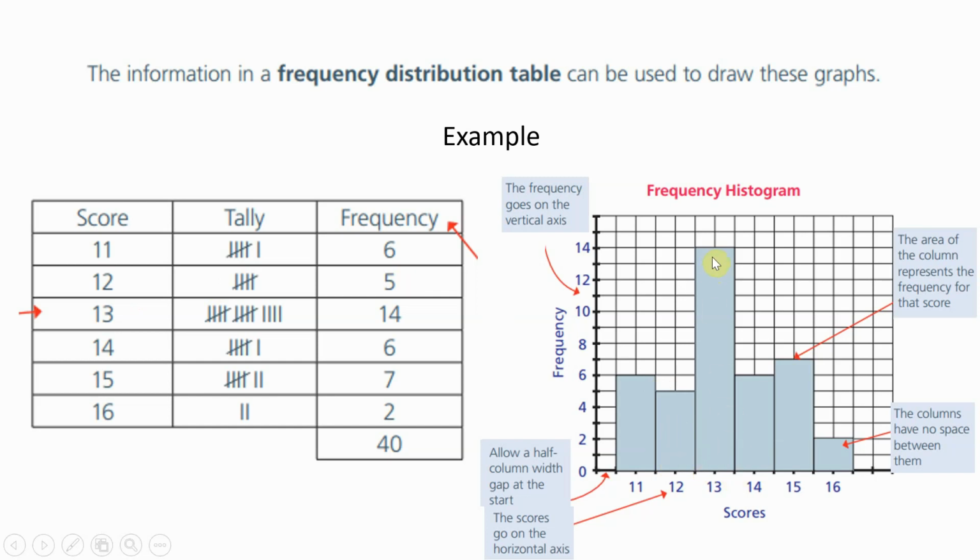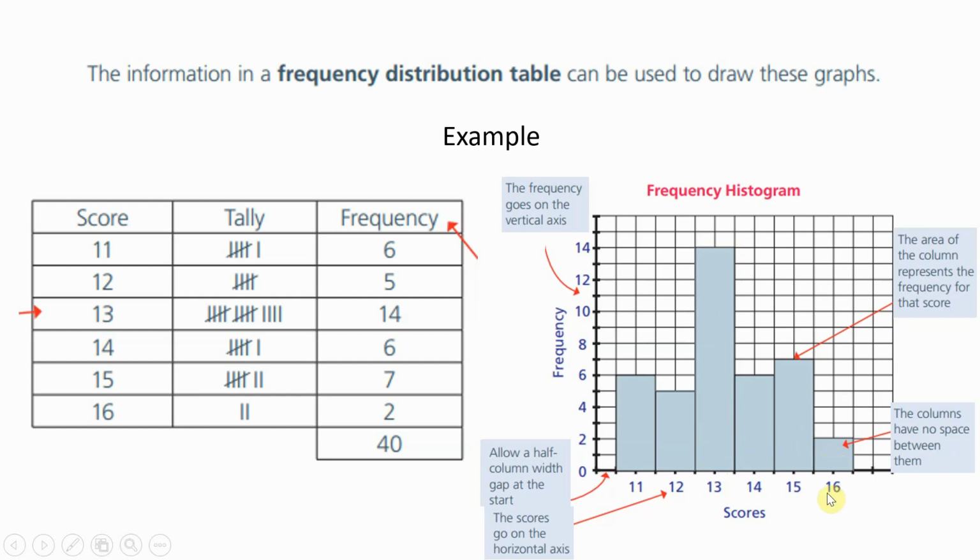This large column, the rectangle for the score of 13, stops at a frequency of 14. So either side of the number 13 we go up level with 14, which is the frequency. 14 people got a score of 13, level across there and then down to make the rectangle, and so on.